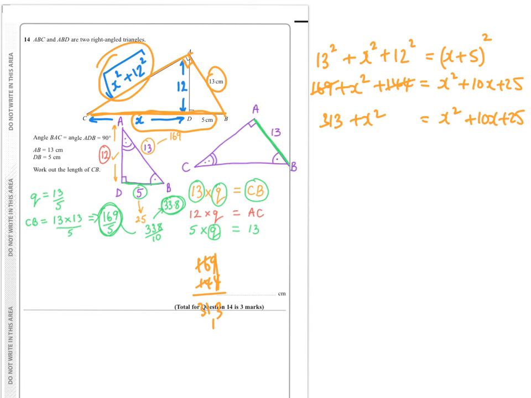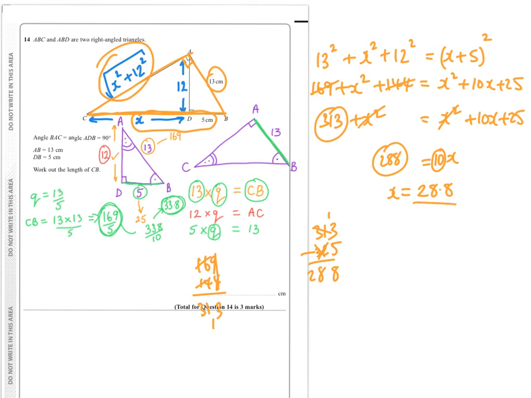Then let's have a look. This would cancel, so we're left with 10x equals 313 minus 25, which is 288, and so x will be 28.8 because I divide both sides by 10, and so if x is 28.8, to get from here, x plus this 5 gives you CB.